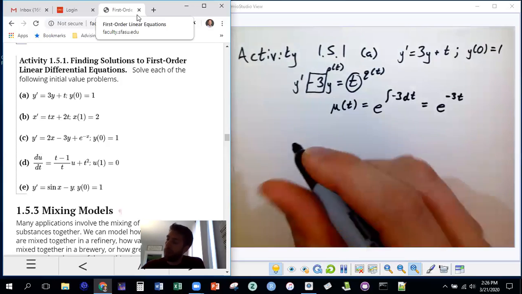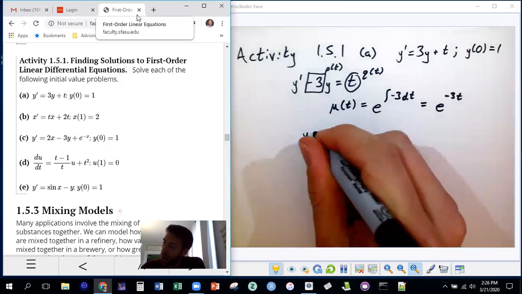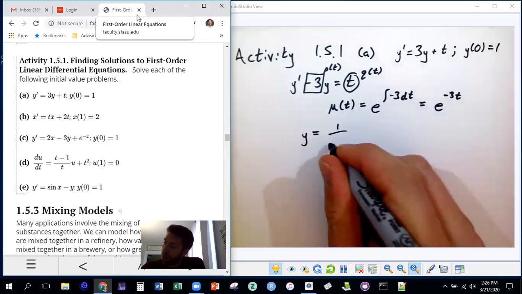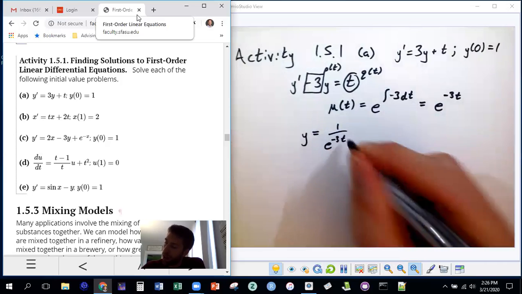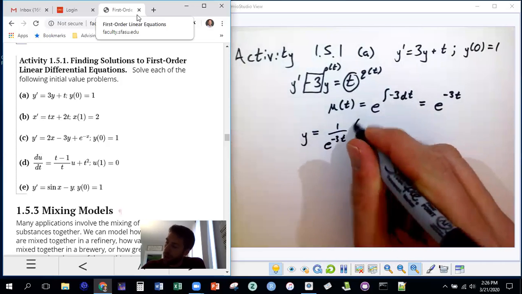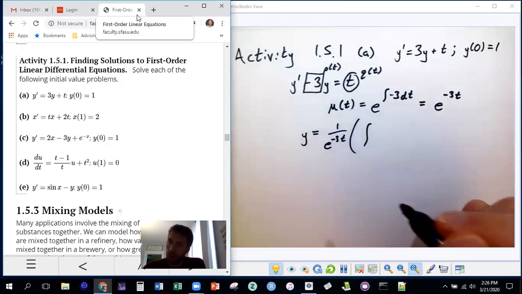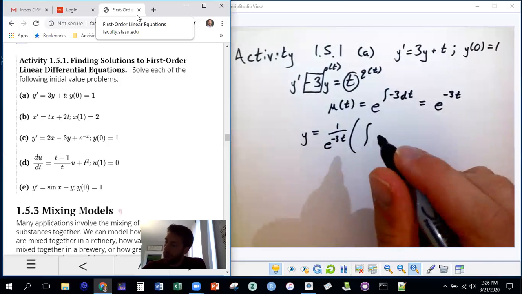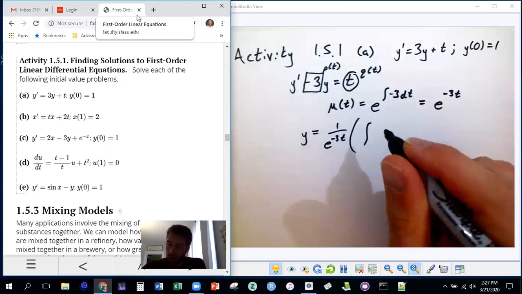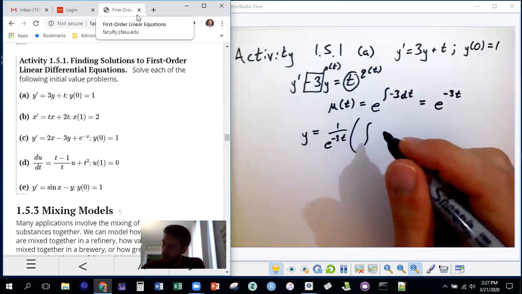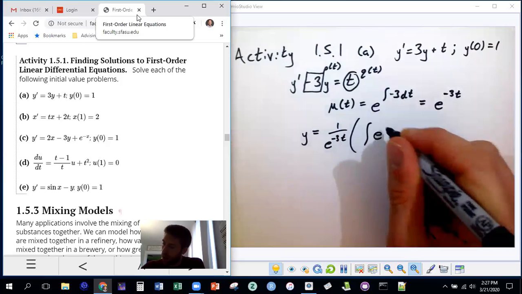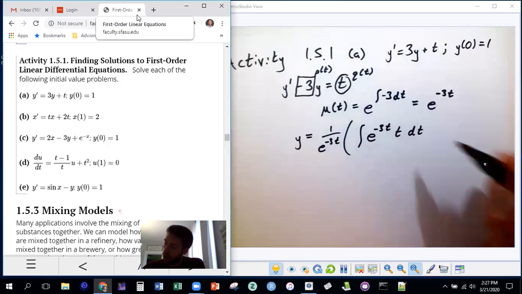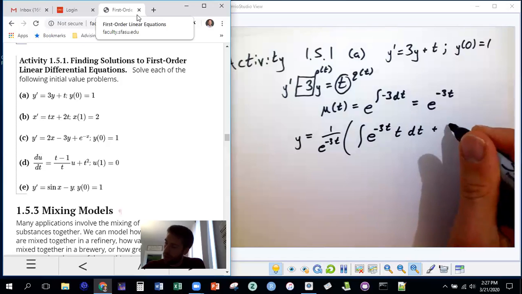Now, my equation then is y equals 1 over that e to the negative 3t times the integral of e to the negative 3t times t times dt plus c.